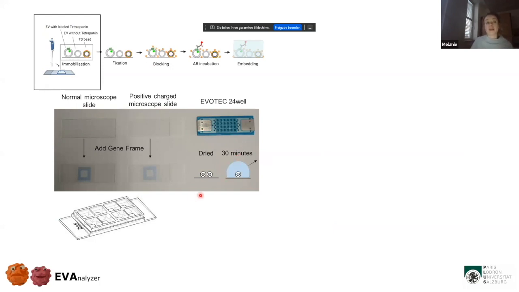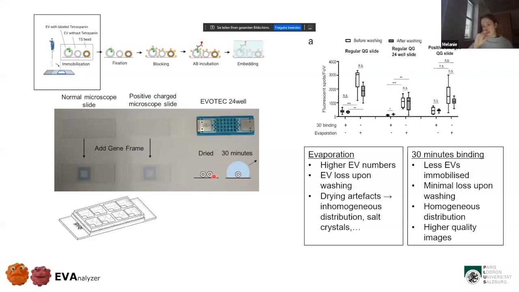One was that we let the EVs dry on the surface, and the other was that we incubated them for 30 minutes. What we saw is that when we let the EVs dry or evaporate the liquid, we get much more EVs immobilized on the surface.